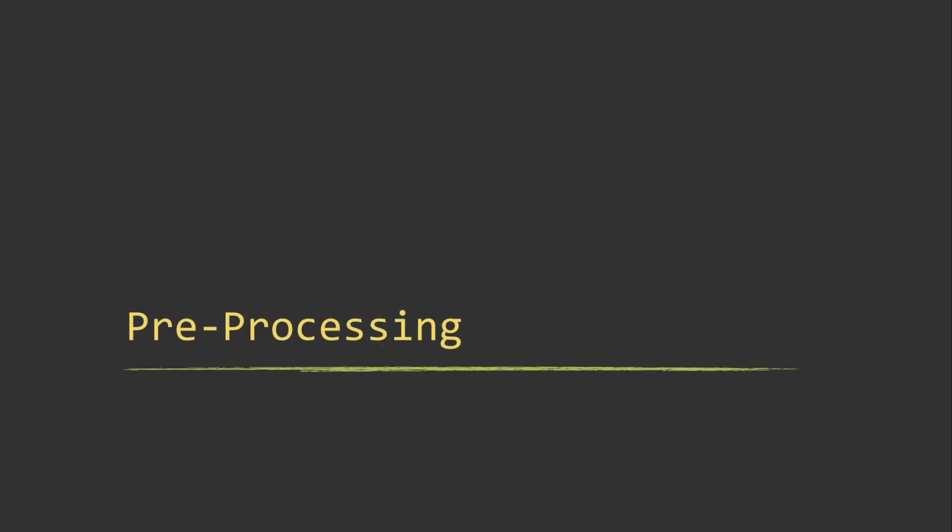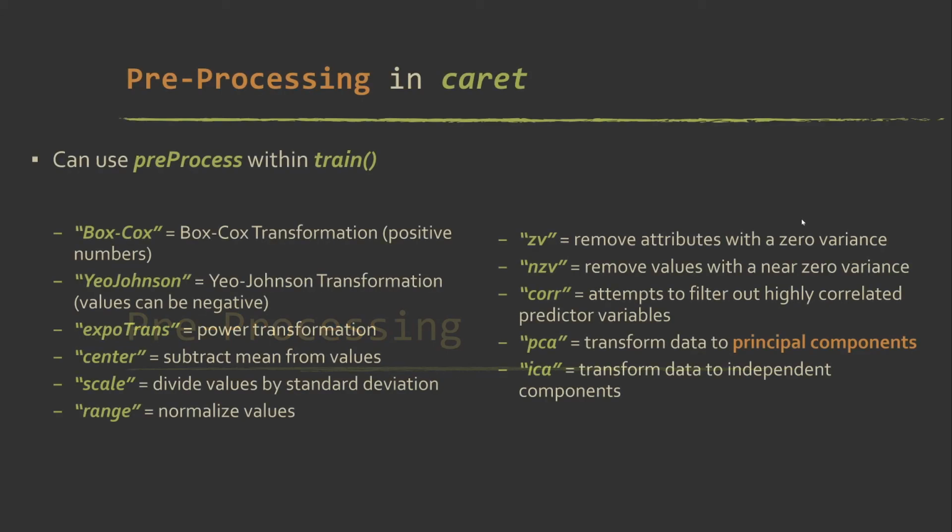Okay, so in this last section, before we talk about tidymodels, I'm going to talk briefly about some pre-processing techniques. In caret, there are a bunch of techniques built in to potentially pre-process data. These are just a few options that you can specify within the preProcess argument within train. Some common ones: you can center and scale data.